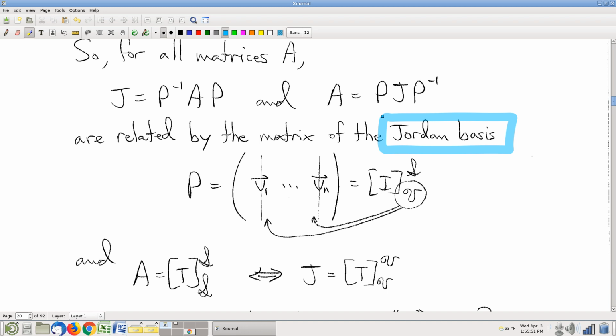I think it's very reasonable. I'm going to call this a Jordan basis. Quick comment, it's not unique. Necessarily, probably not unique. So I should say a Jordan basis. Or you can say the Jordan basis if the implication is, the Jordan basis that we're using here. Right? But not unique. Okay.